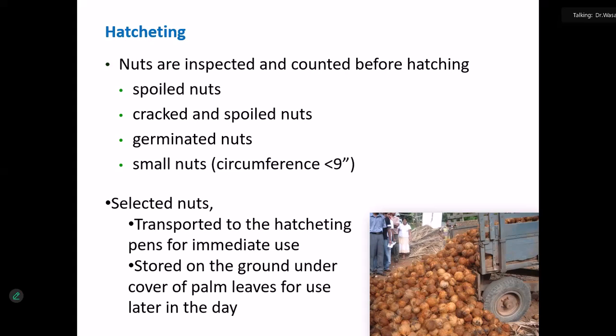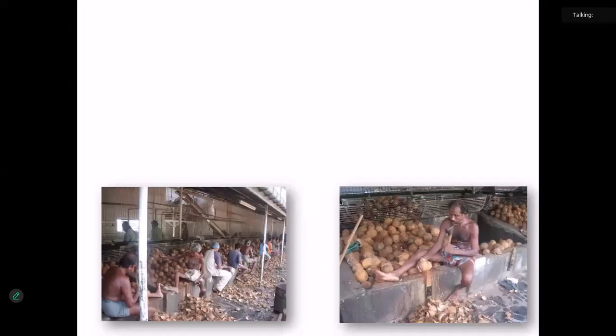Copra is like DC. So far you know 3 steps. Number 1, seasoning. Number 2, dehusking. Number 3, hatcheting. So what does hatcheting mean? Removal. During hatcheting, shells are removed by hatchets.